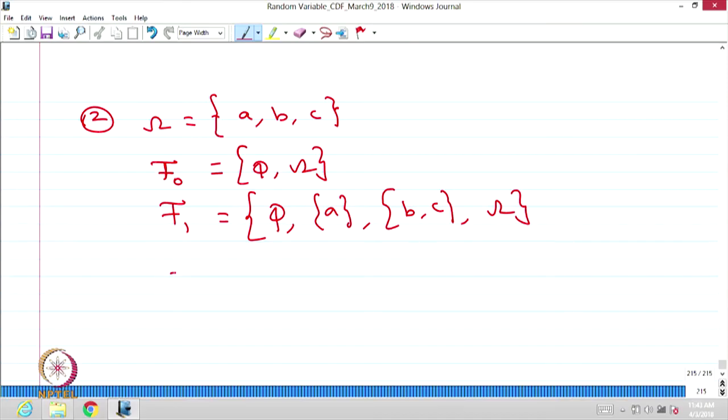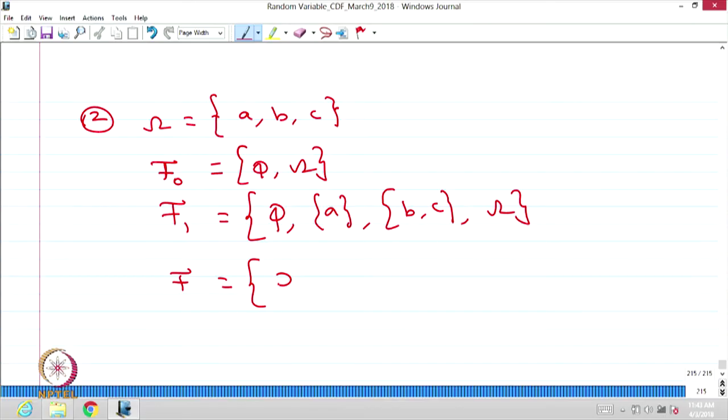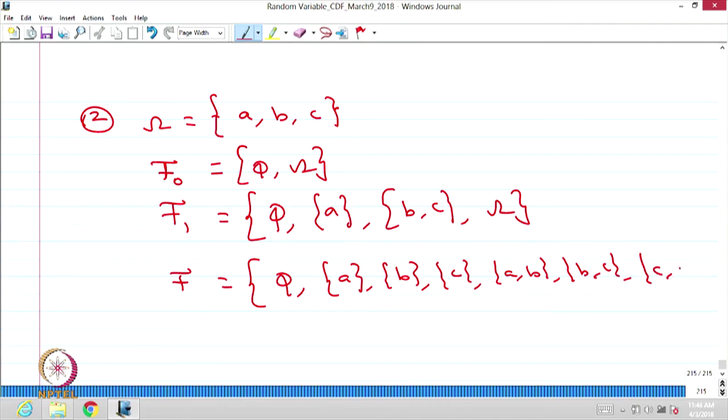I am going for the largest sigma field satisfying all the 3 conditions, that is empty set, singleton elements, any 2 elements, AB, BC and CA, and all 3 elements together.